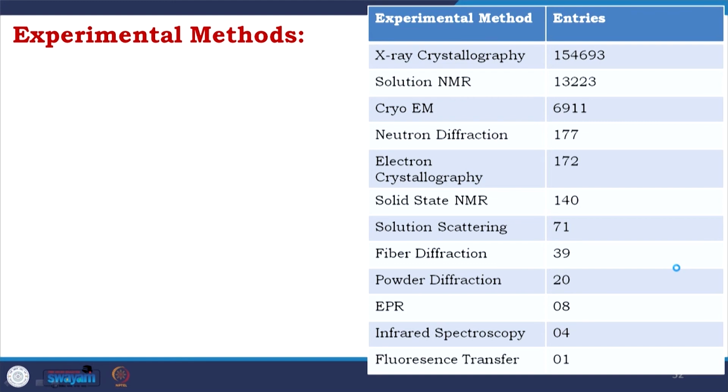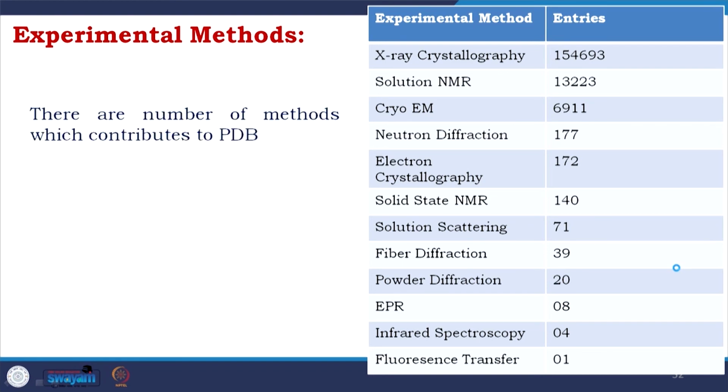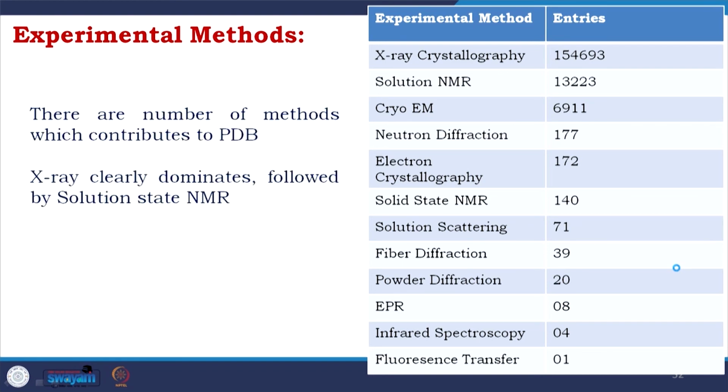It is also contributed by neutron diffraction, electron crystallography, solid state NMR, solution scattering, fiber diffraction, powder diffraction, EPR, infrared and fluorescence transfer. So, there are a number of methods which contribute to PDB. As we all know, X-ray clearly dominates, followed by solution state NMR, but cryo-EM is upcoming with amazing potential.